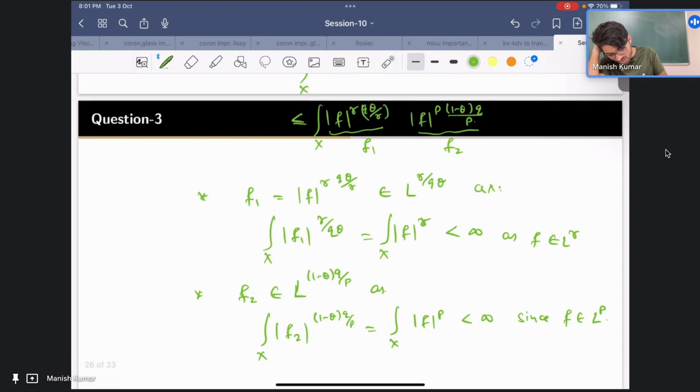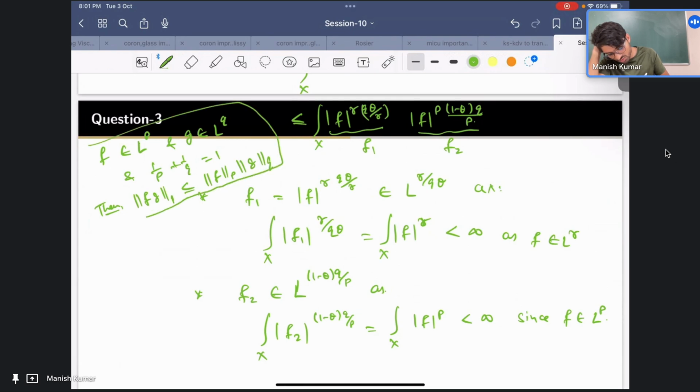As I mentioned there, if a function f belongs to L^p and g belongs to L^q, and 1 by p plus 1 by q is equal to 1, then the norm of fg in L^1 is less than or equal to norm f in L^p times norm g in L^q.